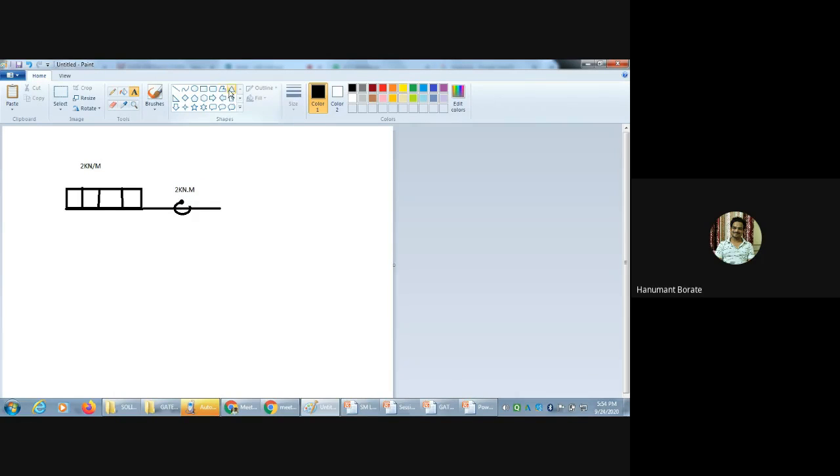At the left side, there is a hinge support, and at the right end, there is a roller support.